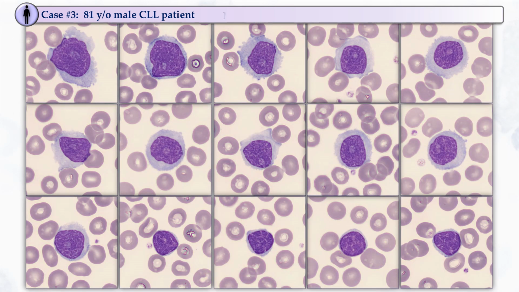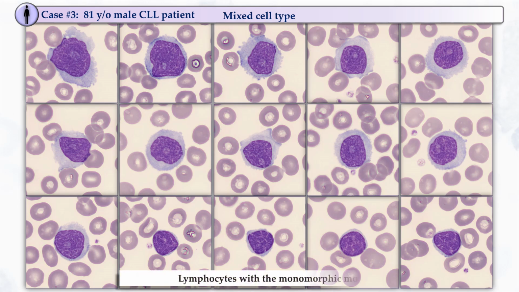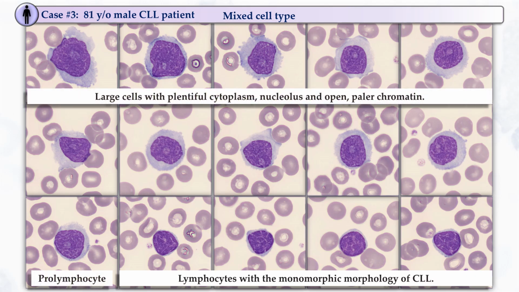This patient is a case of BCLL mixed cell type, with heterogeneity of size and morphology of lymphoid cells, consisting of lymphocytes with the monomorphic morphology of CLL, typical prolymphocytes, and large cells with plentiful cytoplasm, nucleolus and open paler chromatin.